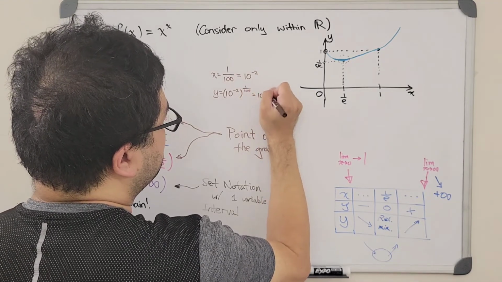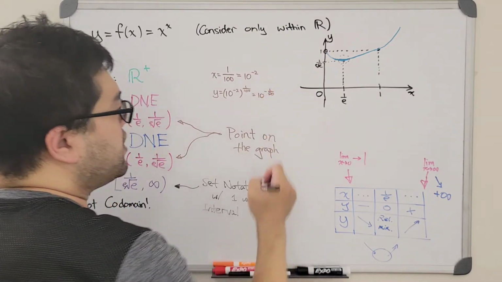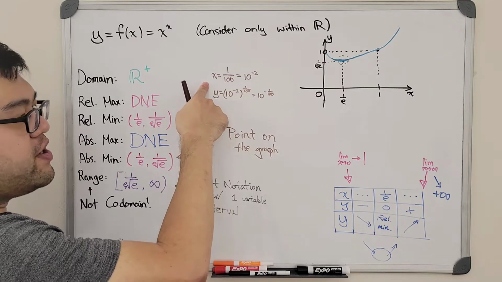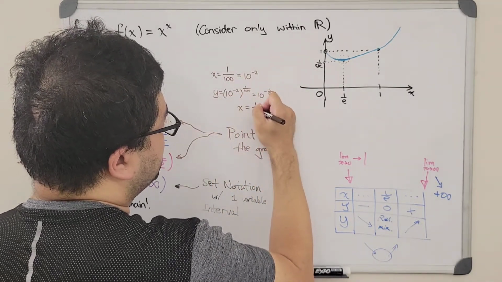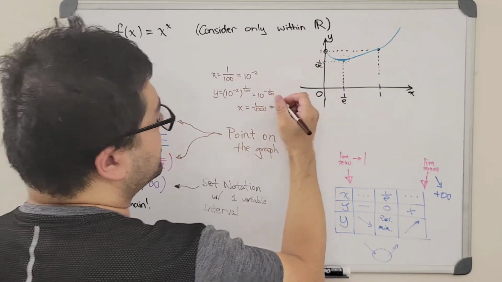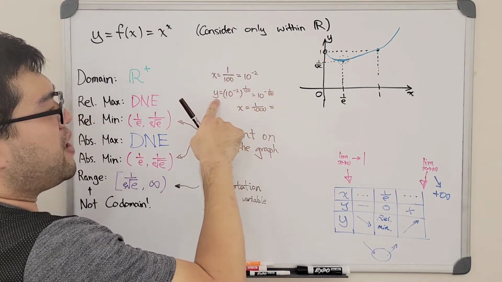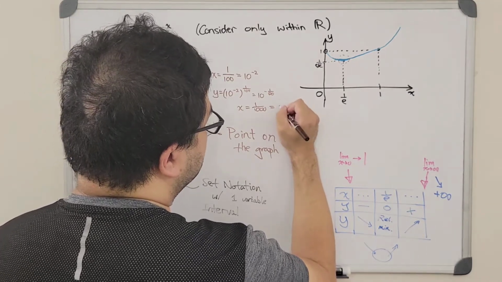This is 10 to the negative 1 over 50 power. But if we try to take 1/10 of it, we will get a y value that's even closer to 1, or greater than the y value that we just had for x equals 1 over 100.